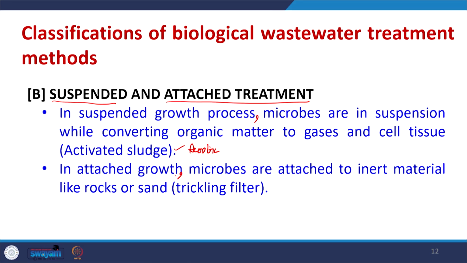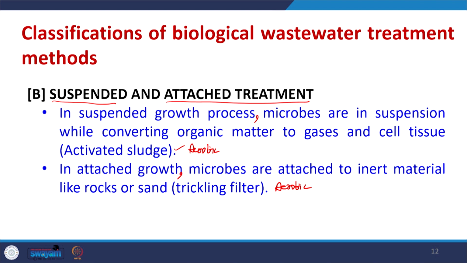In the attached growth, the microbes are attached to an inert material like rock or sand. So, for aerobic treatment, trickling filter is one of the examples under which the microbes are attached on an inert material.